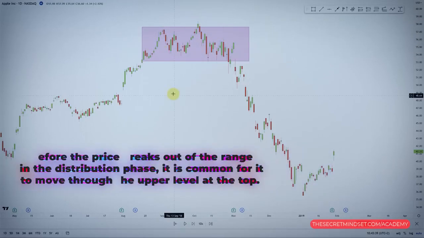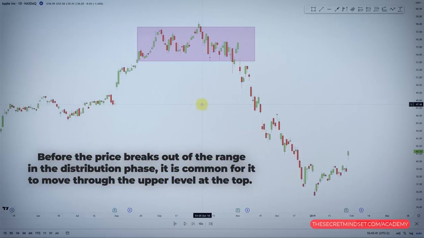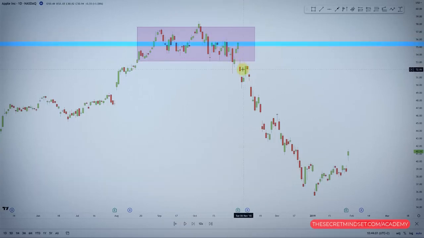Before the price breaks out of the range in the distribution phase, it is common for it to move through the upper level at the top. This false breakout at the top offers sellers another opportunity to sell high. Then price moves aggressively below the lower level of the range, paving the way for the next phase.